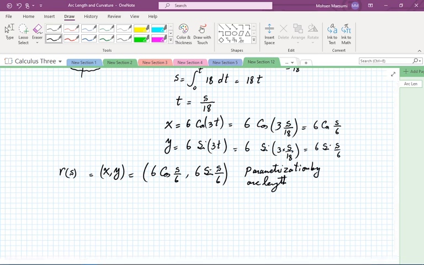The one property of this thing is that if I differentiate this, let's go ahead and differentiate, and just like any other place we can get a concept of velocity. If I differentiate, you notice a factor of 6 comes out, cancels this 6, and I get a minus sine of S over 6, and again here this 6's cancel each other, and I get cosine of S over 6.